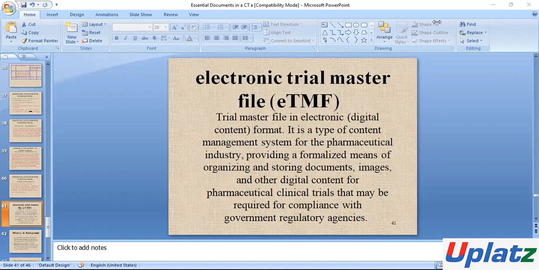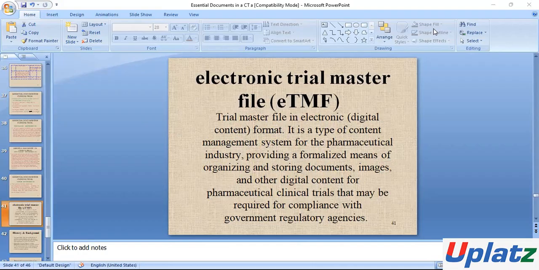Okay, so initially, when there were no electronic formats available, these all documents were saved physically, and you can imagine how difficult it must have been, right? So now, historically, TMFs have been paper-based content sets stored in physical file cabinets, central file rooms, or shelved in binders.